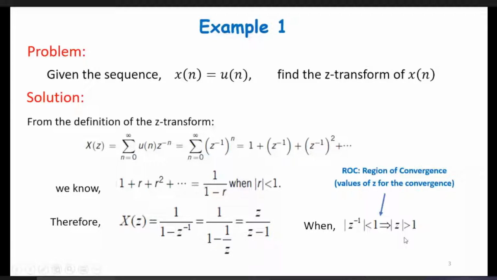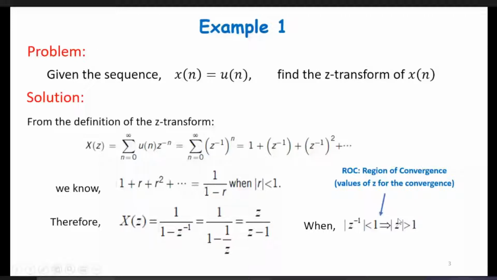That means if some circle is there having radius 1, the ROC exists outside that circle in the Z domain. So that is mod Z greater than 1. For a causal sequence or unit step sequence, the ROC should be greater than 1, or outside the unit circle.